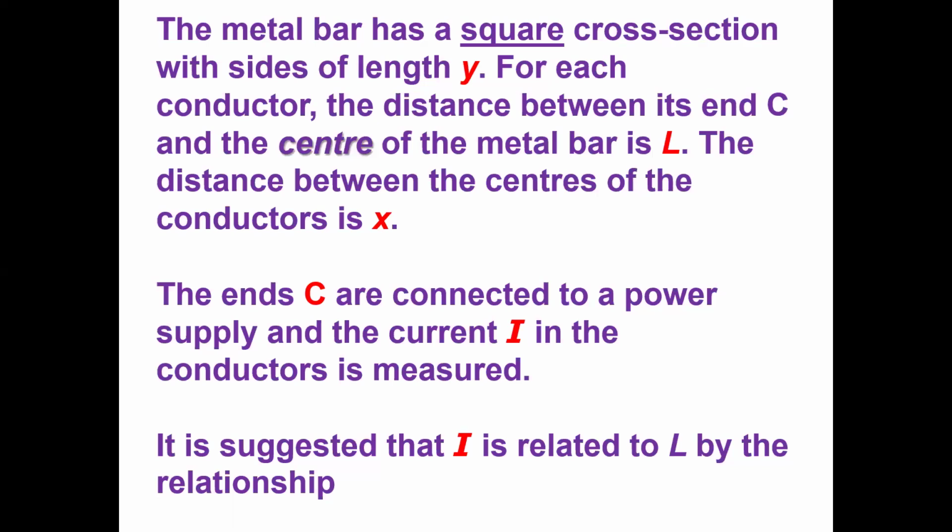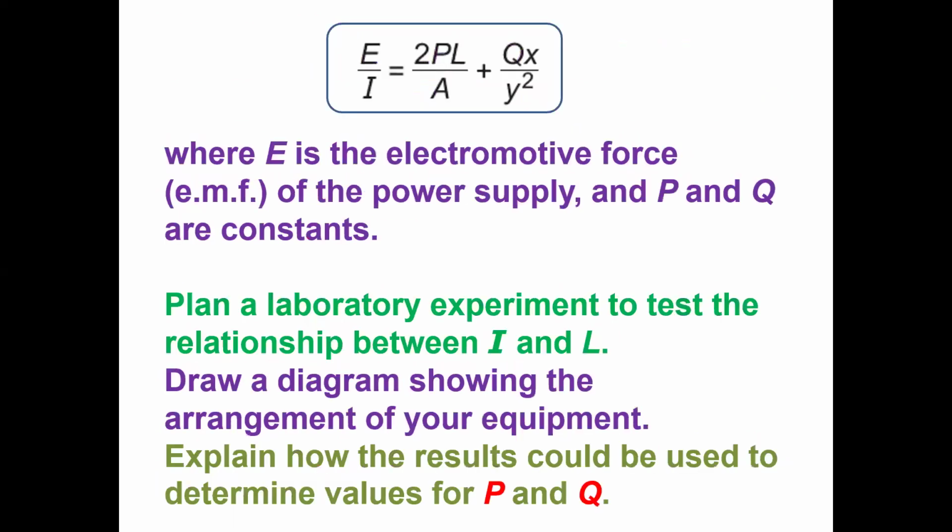The ends C are connected to a power supply and the current I in the conductor is measured. It is suggested that I is related to L by the equation: E upon I is equal to 2PL upon A plus QX upon Y square, where capital E is the electromotive force of the power supply and P and Q are constants.